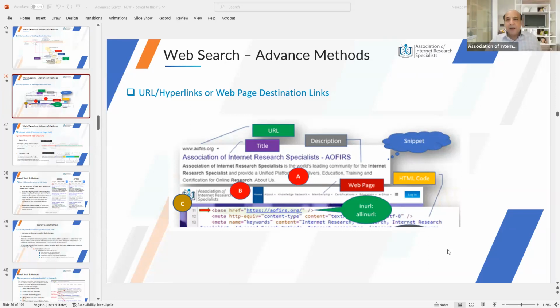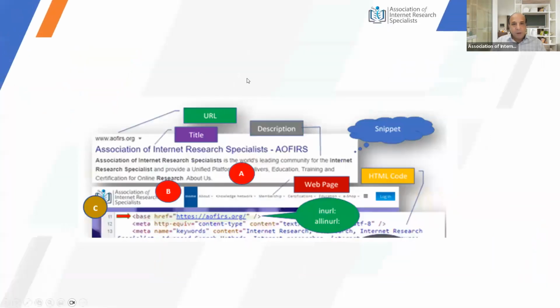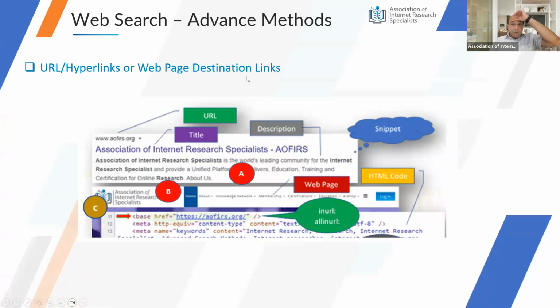Hello, everyone. I'm back. I hope you can hear me and you can see my screen as well. Yep, all good. Okay, thank you. I'm going to show you now where the URLs are queried with inurl, using HTML as an example. In this illustration, you can see that this is actually the snippet, and the snippet has at the top this URL you're looking at. It's the simplest one, taking you to the home page.